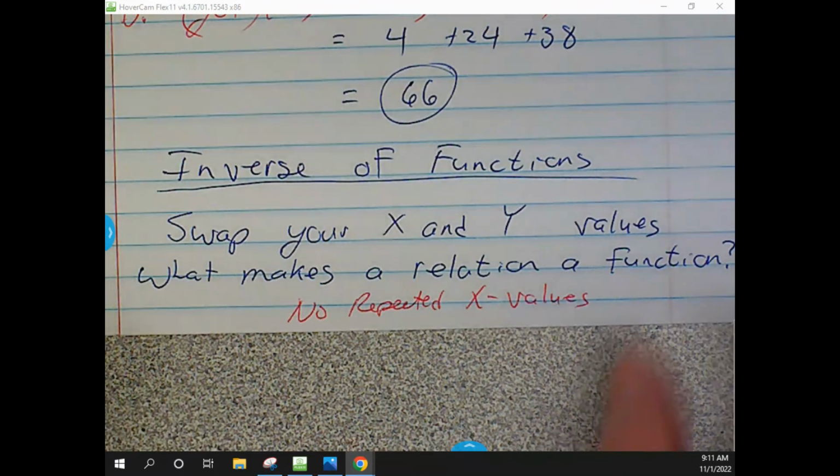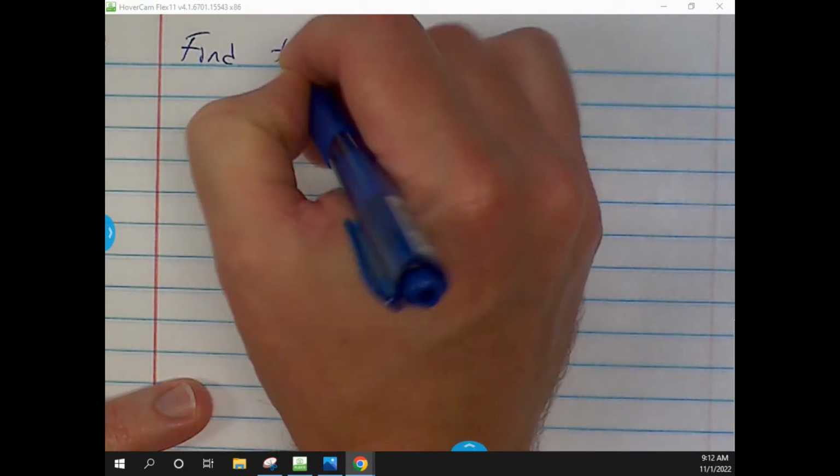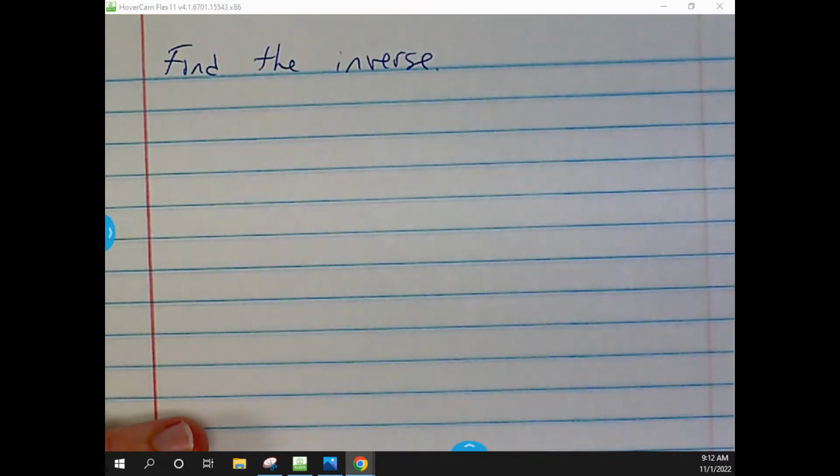Okay, so very first thing we're going to do with this one is that if we're talking about finding inverses, you may get a list of numbers. And it may ask you just to find the inverse.